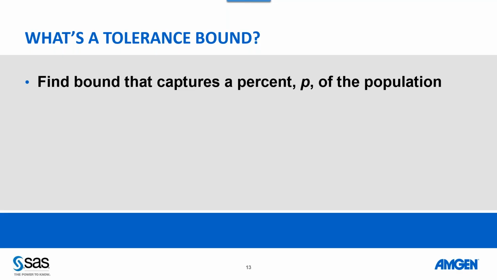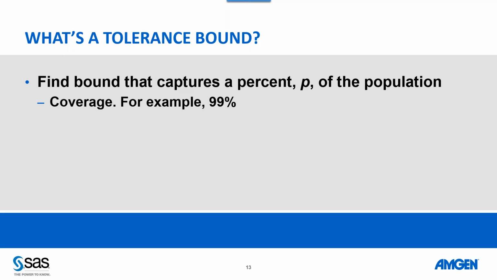If I get some data and find a bound, my claim is in the future, we expect a certain percent of the population to be either above or below the bound or between an interval. So for example, that's what we call the coverage.